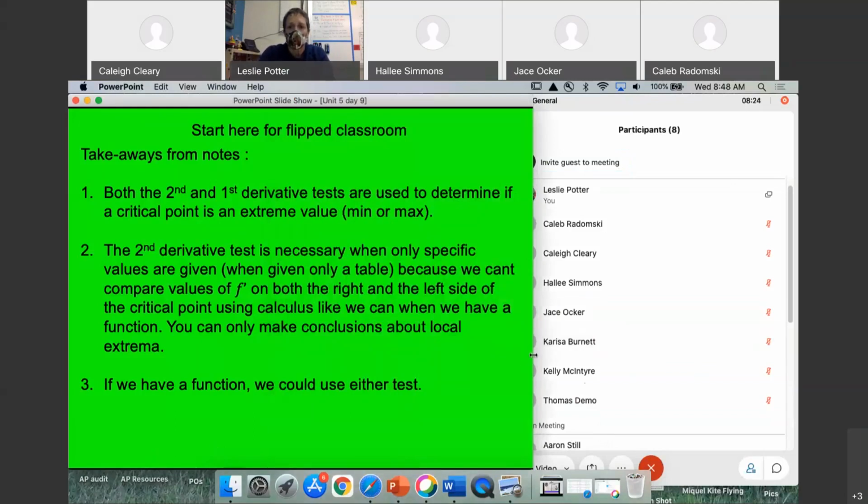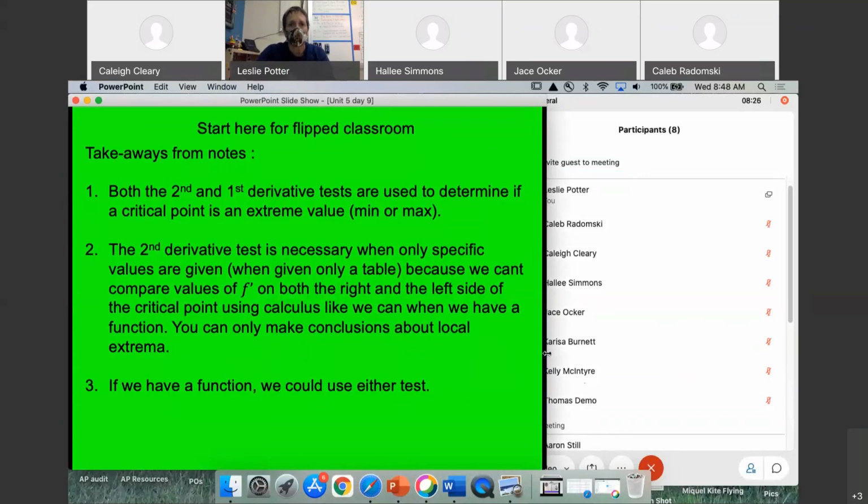Anyway, okay, so unit 5 day 9. So the takeaway from the notes. We have this thing called the first derivative test to find critical points and extreme values, and we have a second derivative test to find the same thing, extreme values.